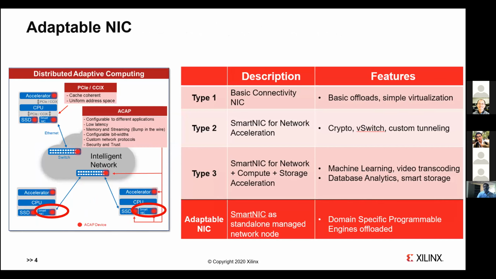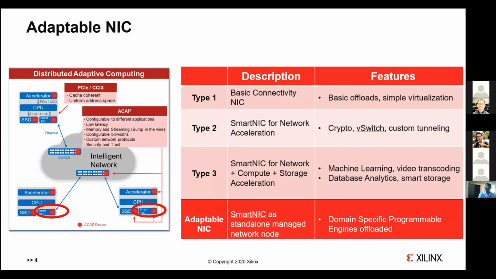So the existing NICs can be classified into three types, as I listed in the table on the right. Type 1 is the basic NIC, which provides basic connectivity.